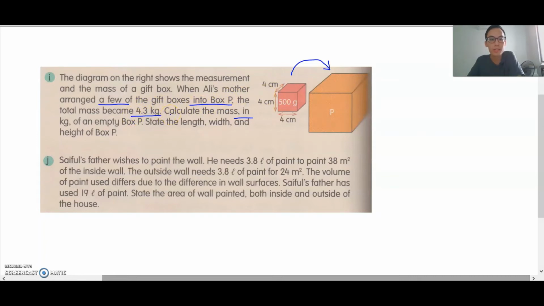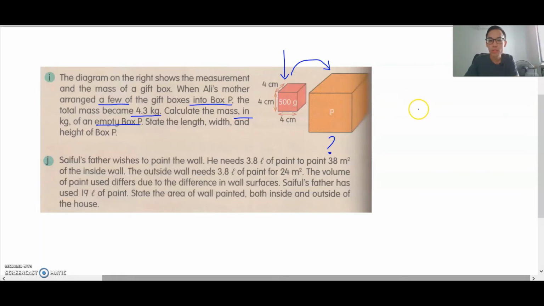Calculate the mass in kg of the empty box. So we need to find the mass of this box P and then state the length, width and height. Now the gift box is 500 gram in mass, so we need to find out how many we can fit into box P when the total became 4.3 kilogram.